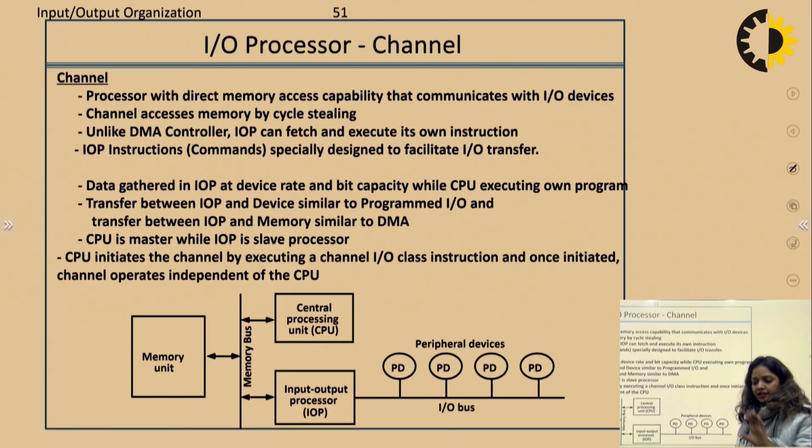So, we have a dedicated processor which will be working only for the input-output devices and the data transmission, so there is no need of putting a load over our centralized CPU. And it will have direct memory accessing capabilities. Then we have a channel that accesses memory by the cycle stealing phenomenon, unlike the DMA controller. So, this scheme is totally different from DMA. DMA is a controller.